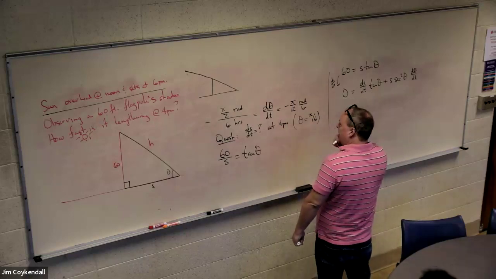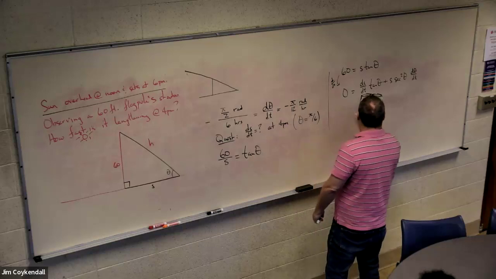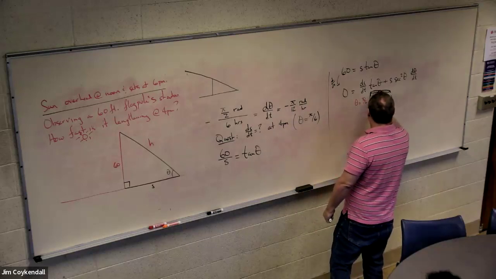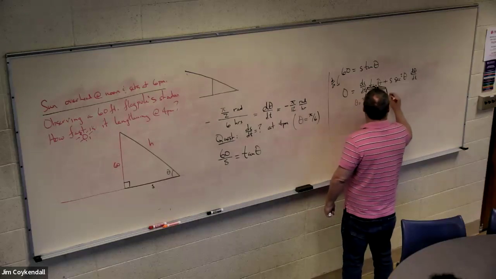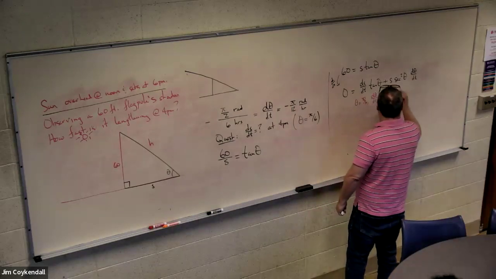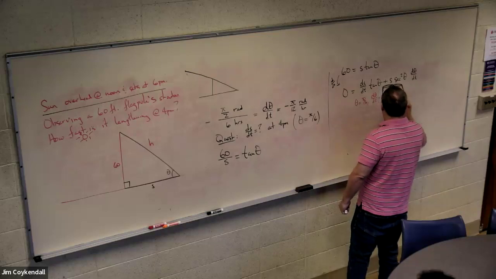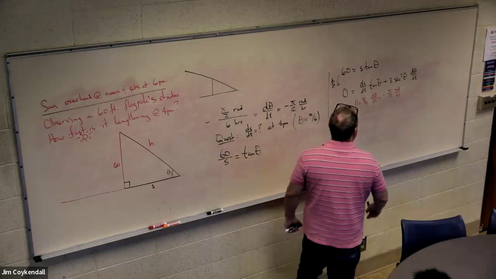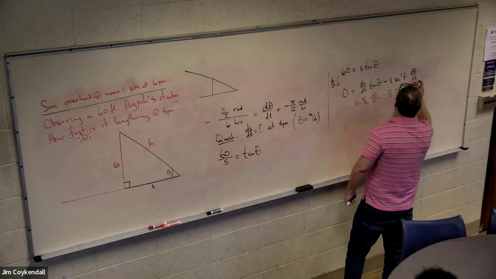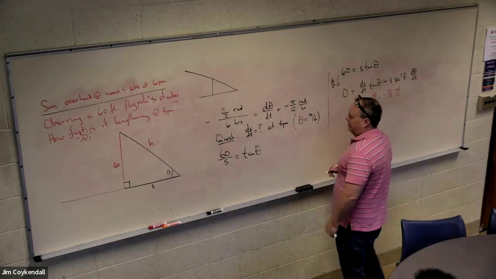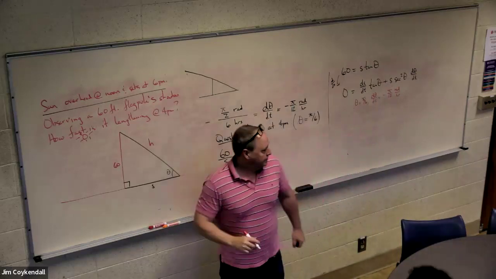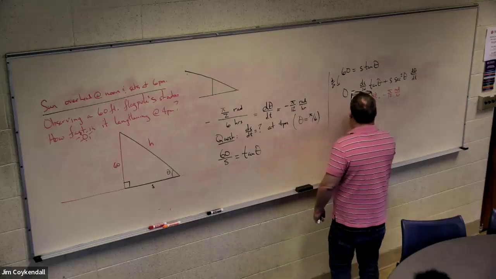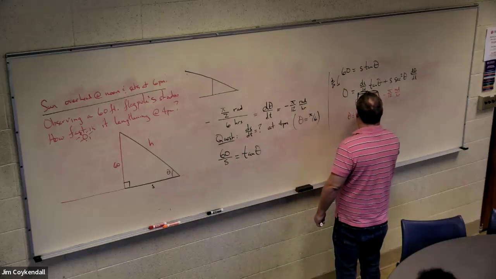So let's see what we've got going for us here. I know what theta is. I know what d theta/dt is, negative pi over 12 radians per hour. I need to know what S is. But that's not a problem, because theta is pi over 6.